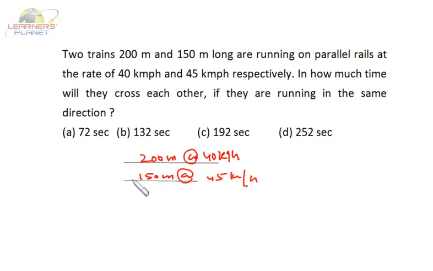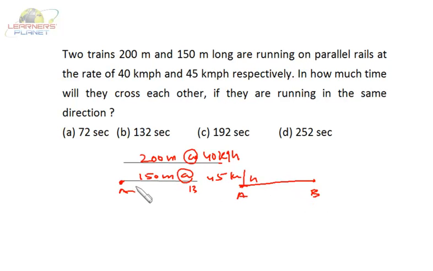So this train will cross this train. To cross this train, the last part of this train must be over here, and after crossing the scene must be like this. Suppose this is A and B.